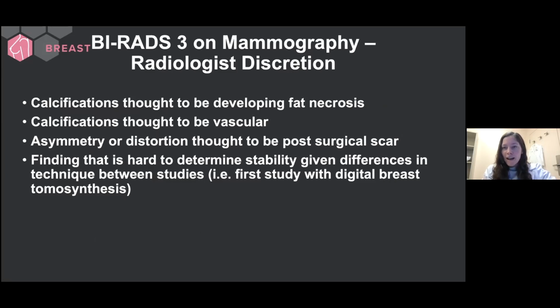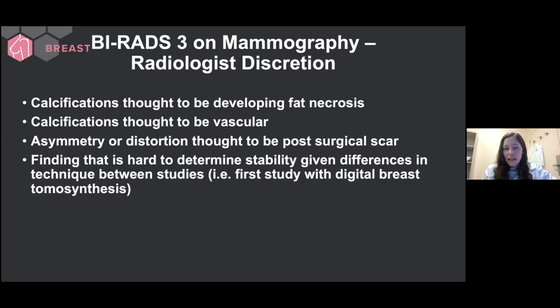Now, the BI-RADS Atlas gives a few other examples of findings on mammography that may be appropriate for a BI-RADS 3 based on radiologist discretion. There's not strong data to support these. The first is calcifications thought to be developing fat necrosis, and we showed an example of that.